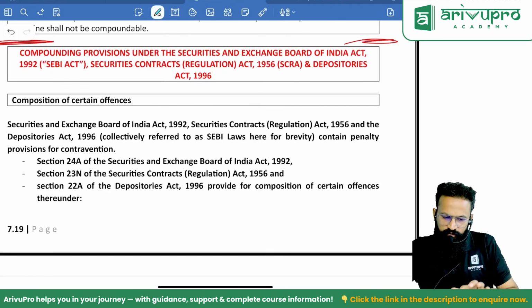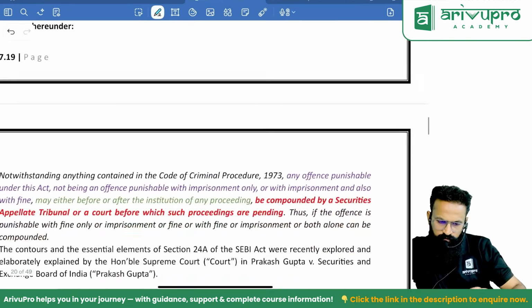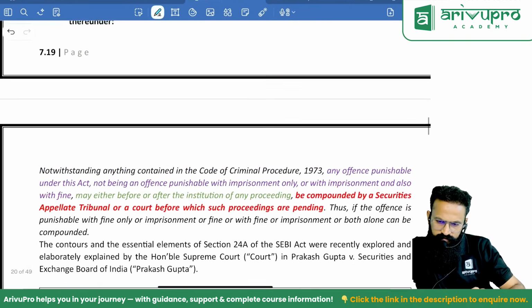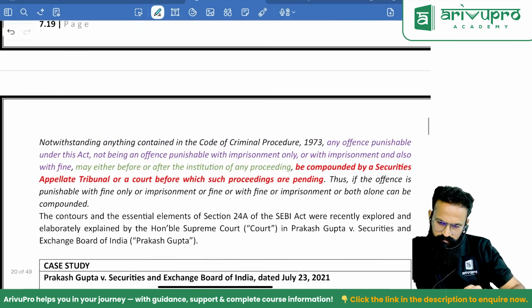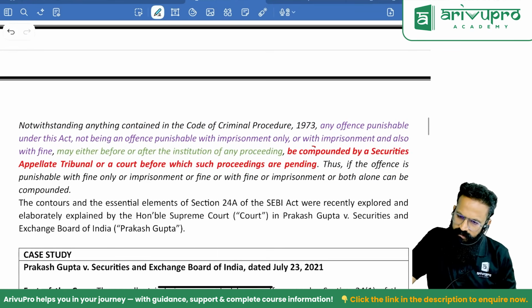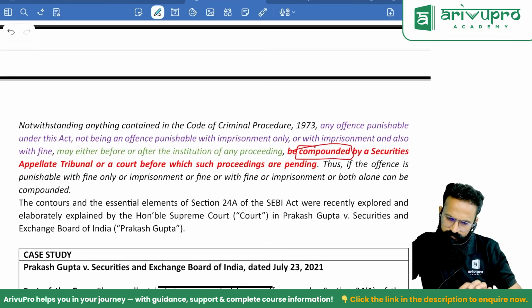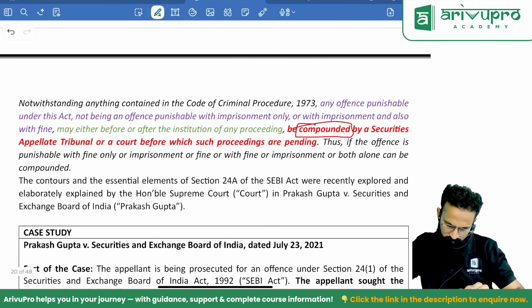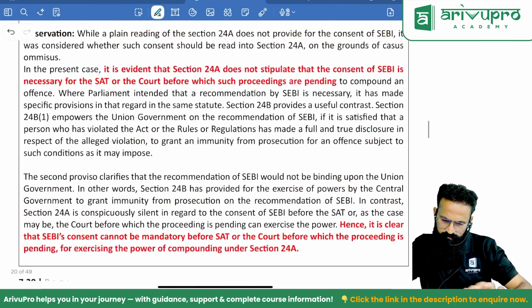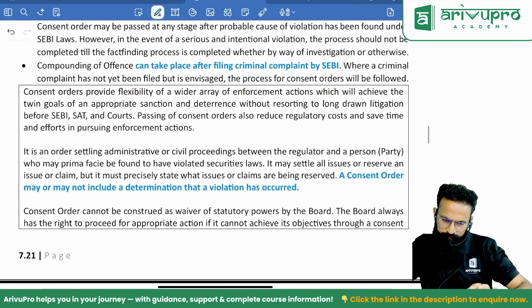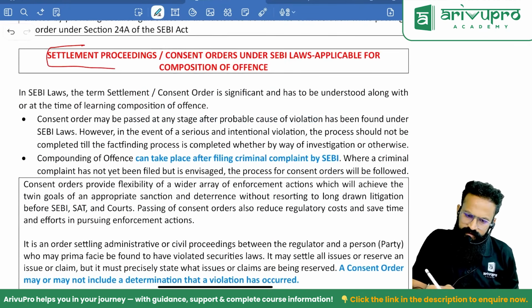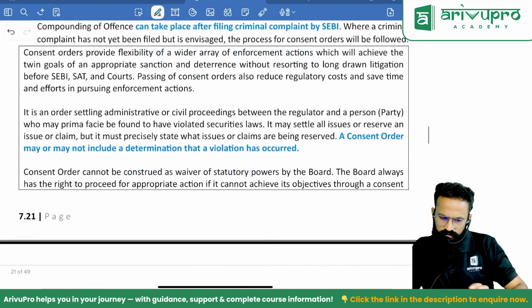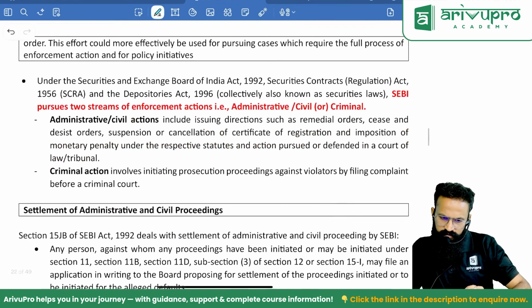Okay, done. So, composition of certain offences. Now, what do we have here? There is something called compounded. Next one is settlement.